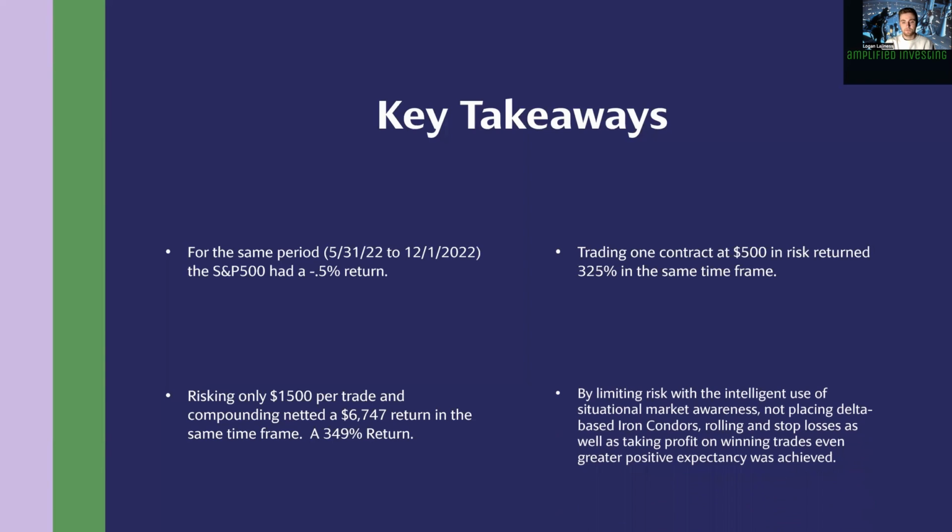All of this was done by limiting risk, by using intelligent market situational awareness, by not placing silly delta-based iron condors, by not having automatic stop losses, but rolling and taking profit on winning trades to help increase positive expectancy. And that's one of the things that isn't talked about enough: it's not just the win rate.